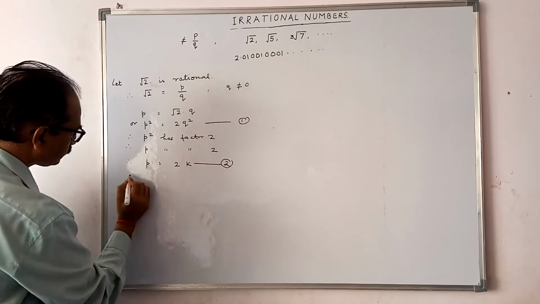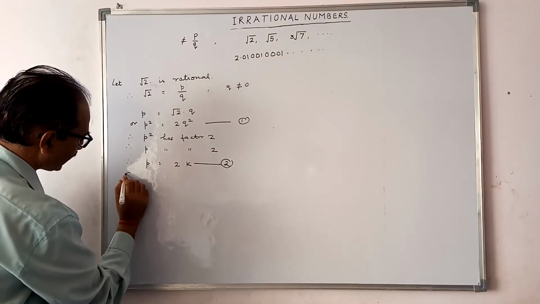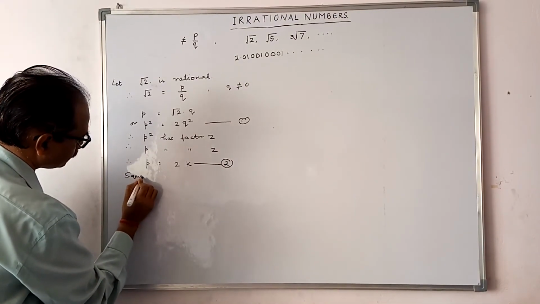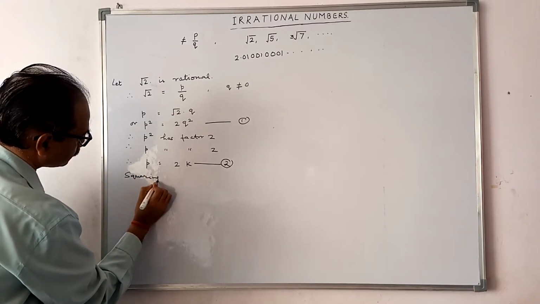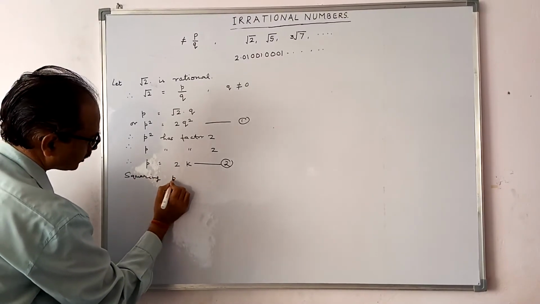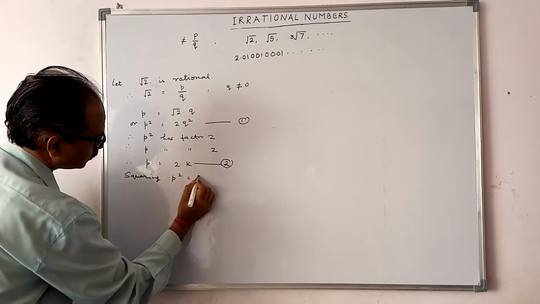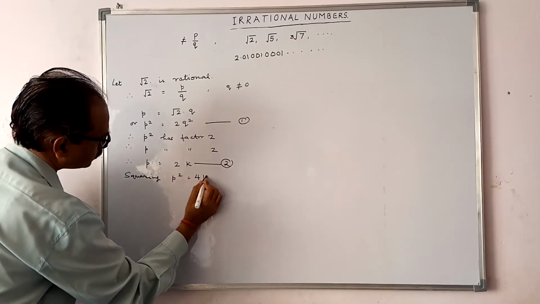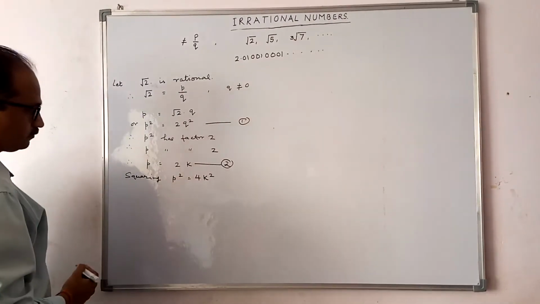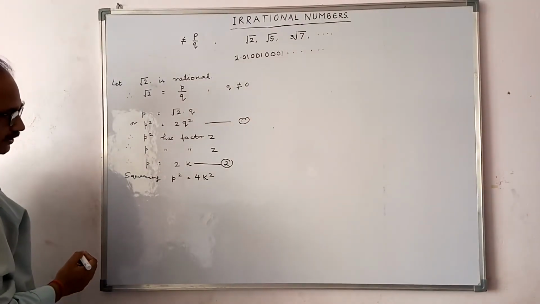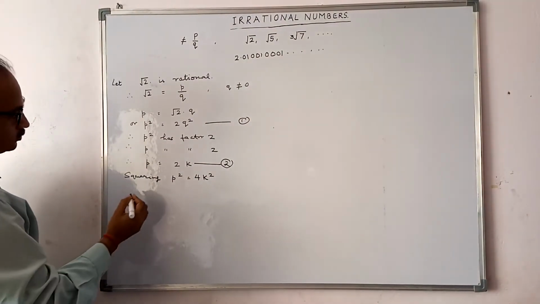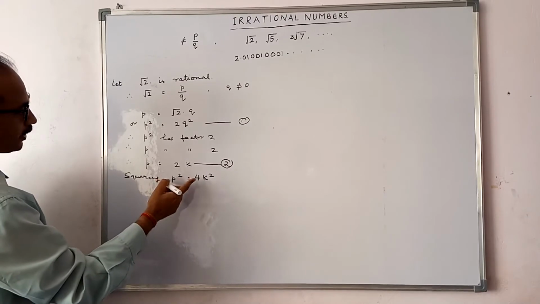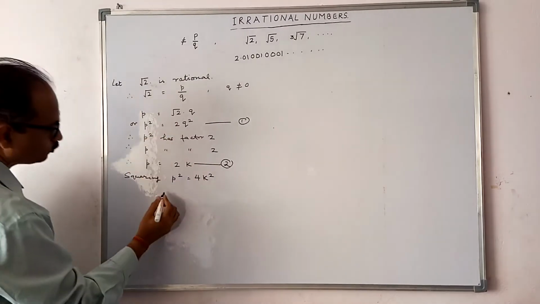Now, squaring both sides, p square is equal to 4k square. Right? Now, p square is equal to 4k square. Now, p square is equal to what? 2q square.